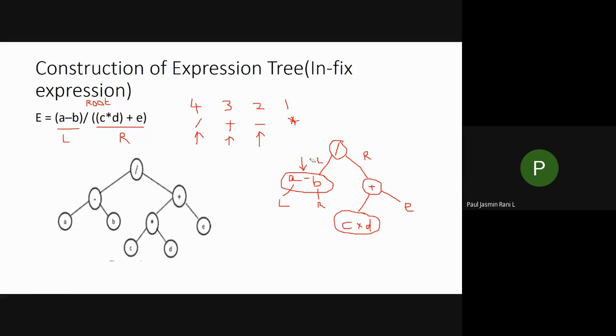Okay, so I'm going to erase this part. So minus should be there in your root node, on the right side I should mark B and on your left side you will have A.